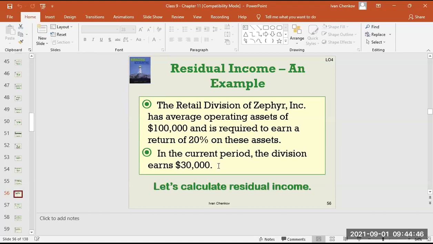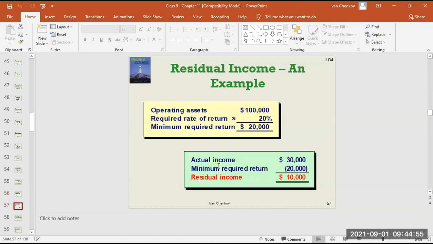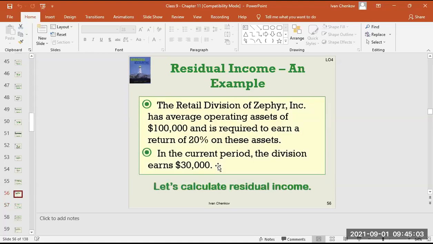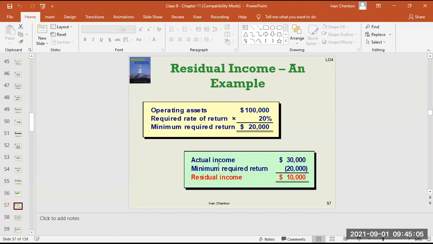So they want 20,000, but they earn 30,000. How much is the residual income? 10,000. Make sense to everybody? So they're asking for 20,000, they get 30,000. So 30,000 minus 20,000 gives you 10,000.